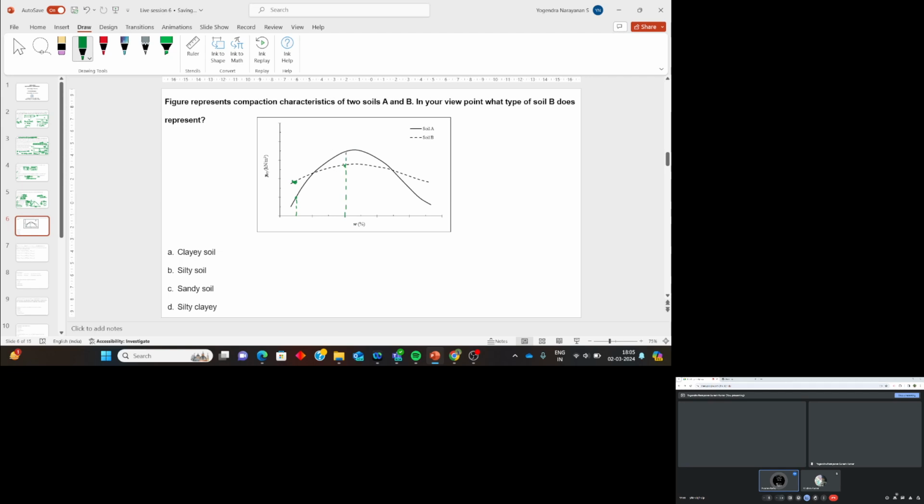Now this one has a relatively lower density and this one has higher. The difference in water content is the same for both cases, right? What about density here? Which one has the higher change in density?